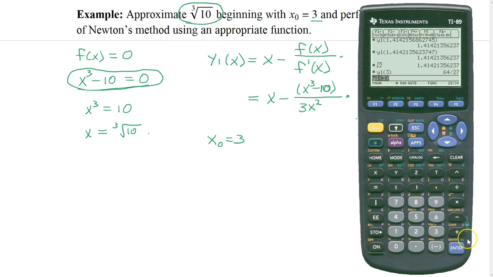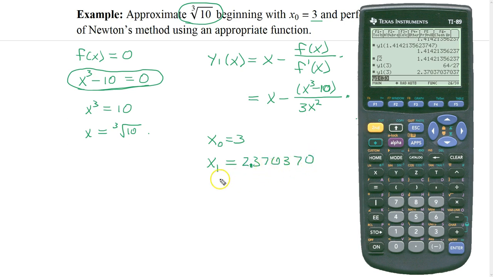That will give me the approximation in case you're using a TI-89. Alright, and there's x1. So x1, let's take it to a few decimal places, 2.37037, and then it just keeps repeating, 6 decimal places.